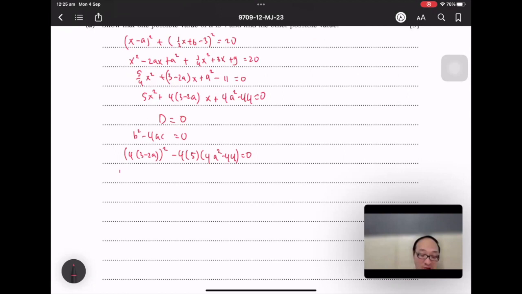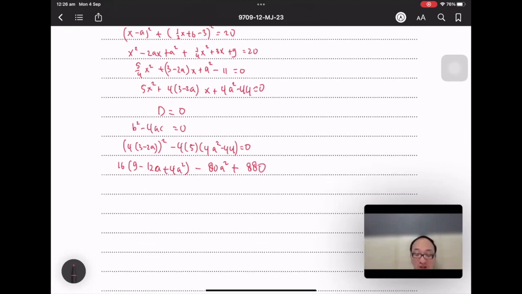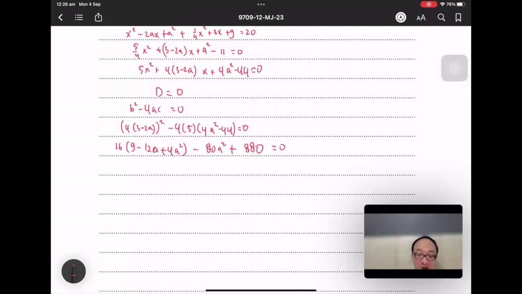So from here, I have 16 times (9 minus 12a plus 4a squared) minus 20 times 4, 80, times (a squared) plus 20 times 44, which is 880, equals 0.